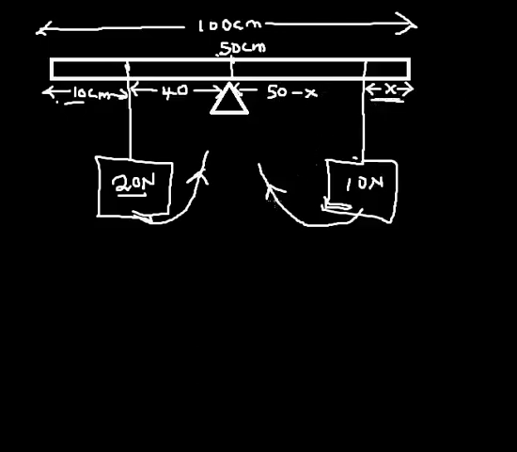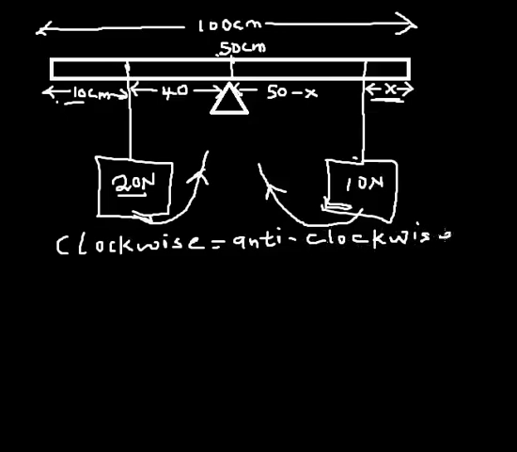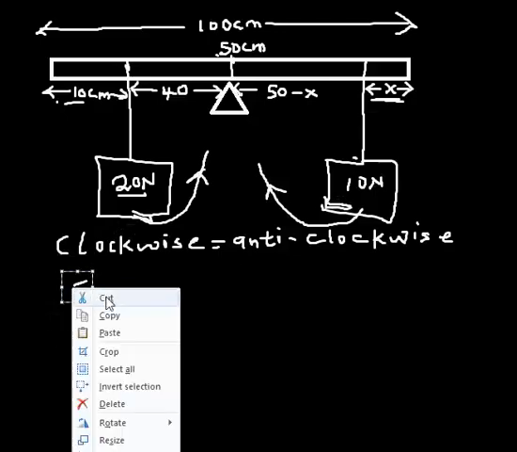Okay, so applying the principle of moments, clockwise moment is always going to be equal to anti-clockwise moment. The clockwise moment is 10 Newton multiplied by the perpendicular distance, which is 50 minus x.